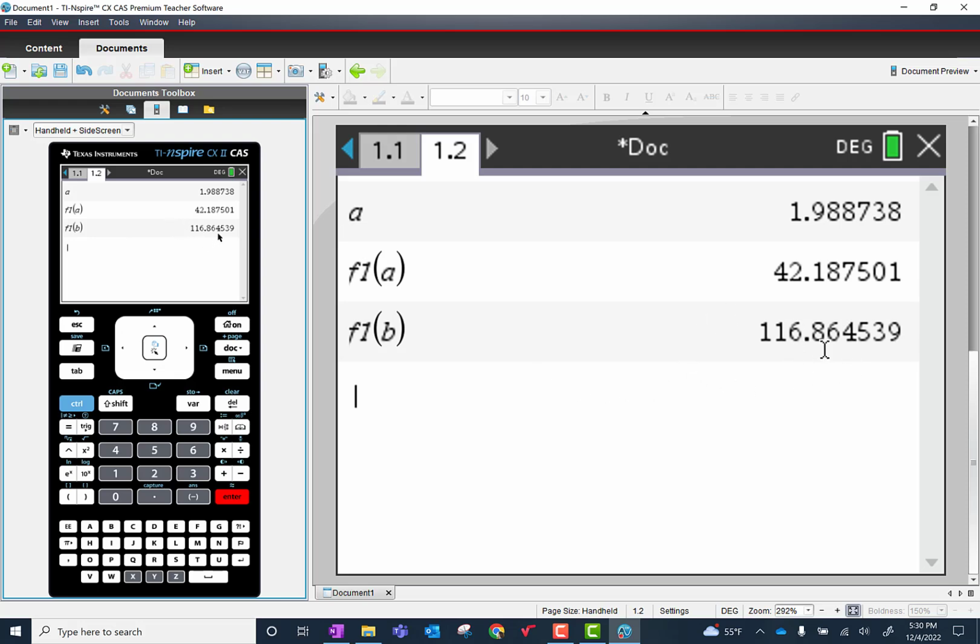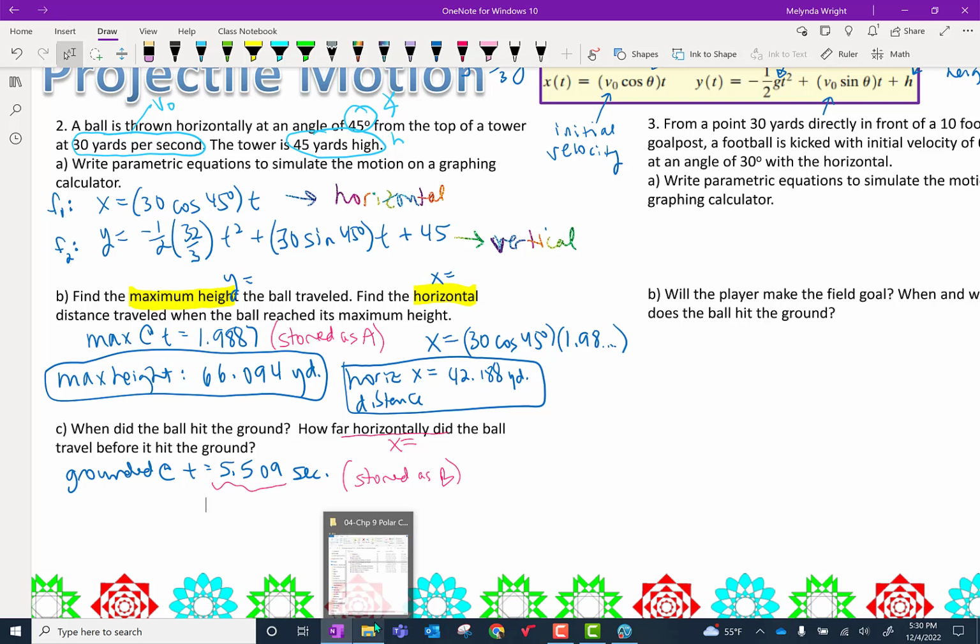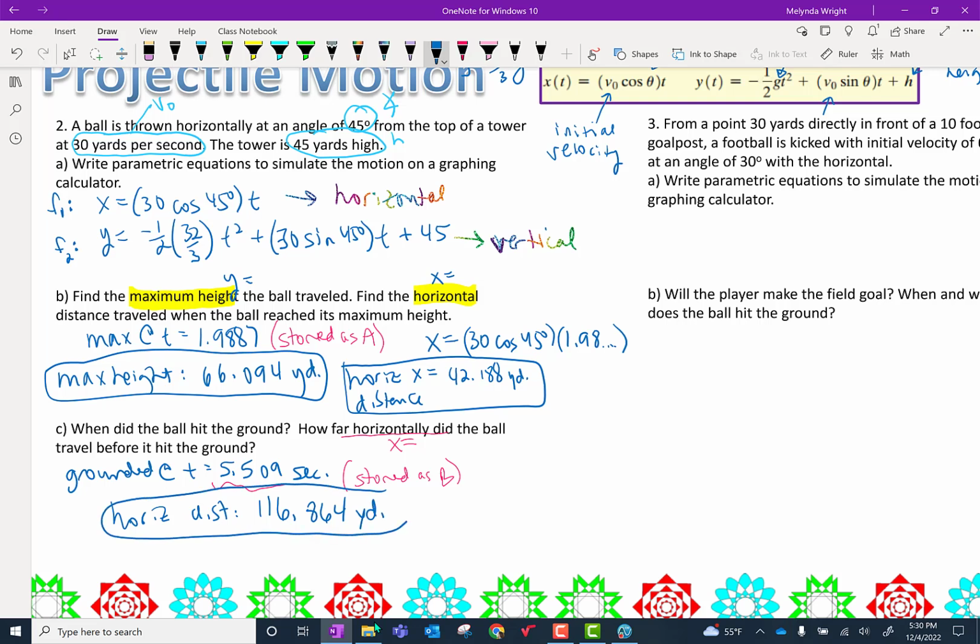How far horizontally it traveled was 116.864. So let's go back to our document. The horizontal distance was 116.864 yards. All right, yay, and that was our very first problem with parametrics and a calculator. How's it going?